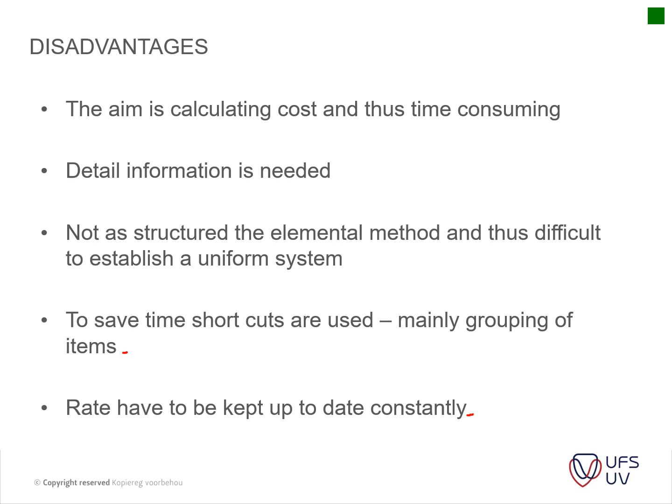So for instance, myself, I'd rather do an elemental estimate and then immediately jump to the bills of quantities instead of doing a comprehensive method, because all it means is that you measure it quickly, but then you have to remeasure the works again whenever you do your bills of quantities.